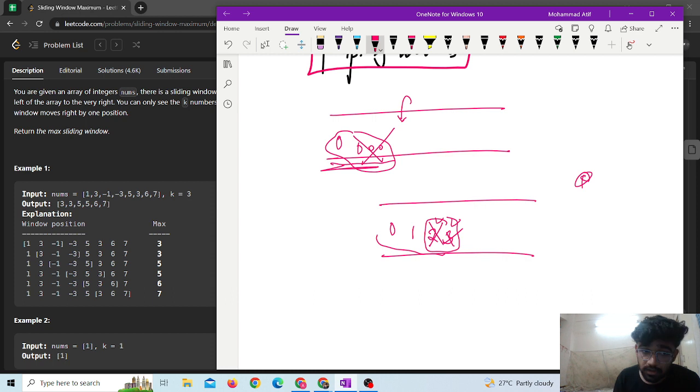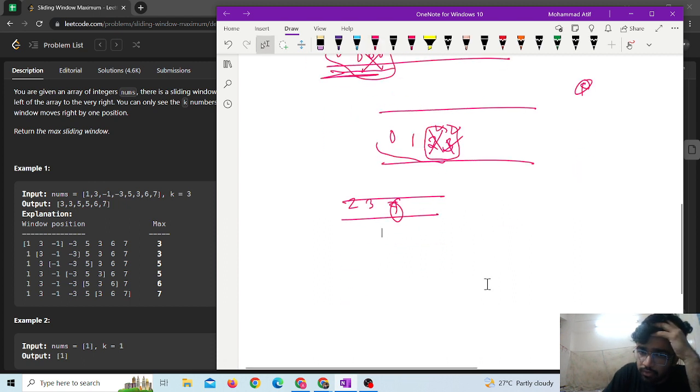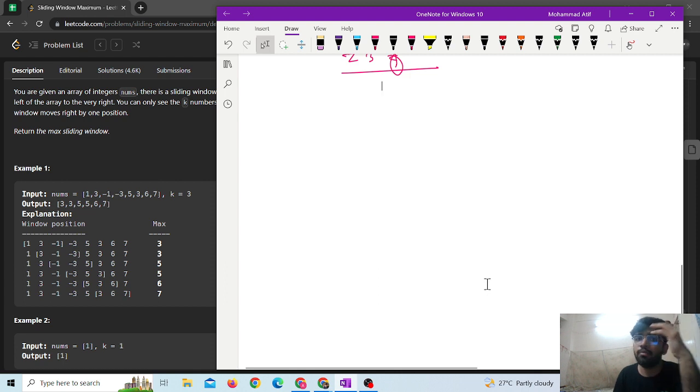Because 4 has more probability to lie in the next sliding windows than 2 and 3, since 2 and 3 are previous indexes. So I can very safely pop the elements from the back of the dq. So again we will be doing a pop operation from the back of the dq.